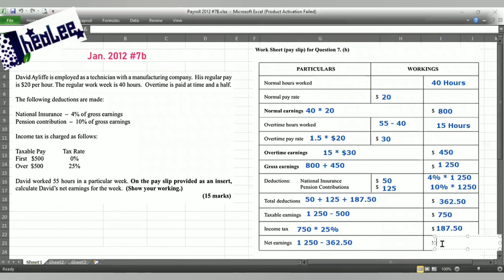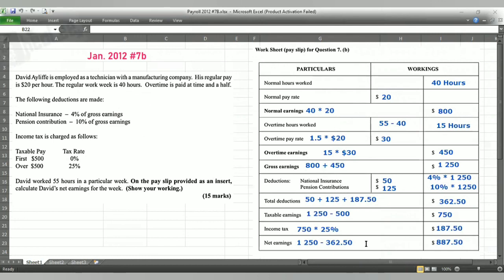When you calculate that, David will take home $887.50. So based on that calculation, David will take home $887.50, and that is David's net pay, David's net wage, David's net earnings.